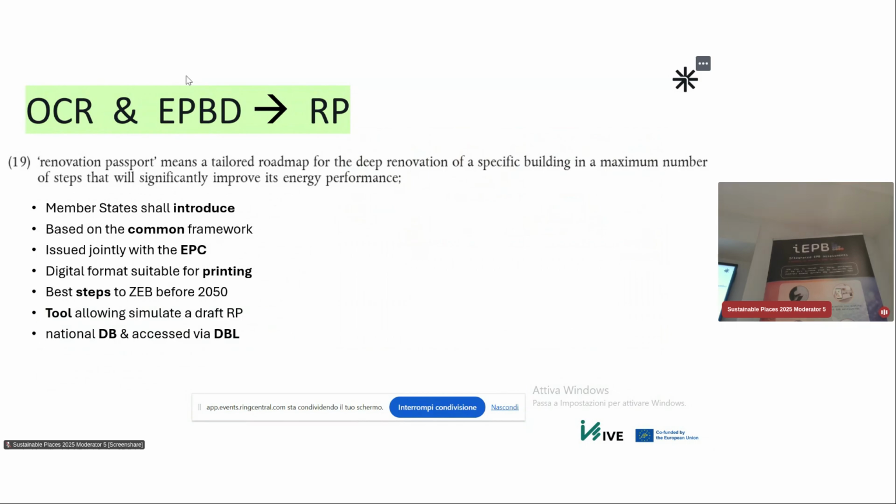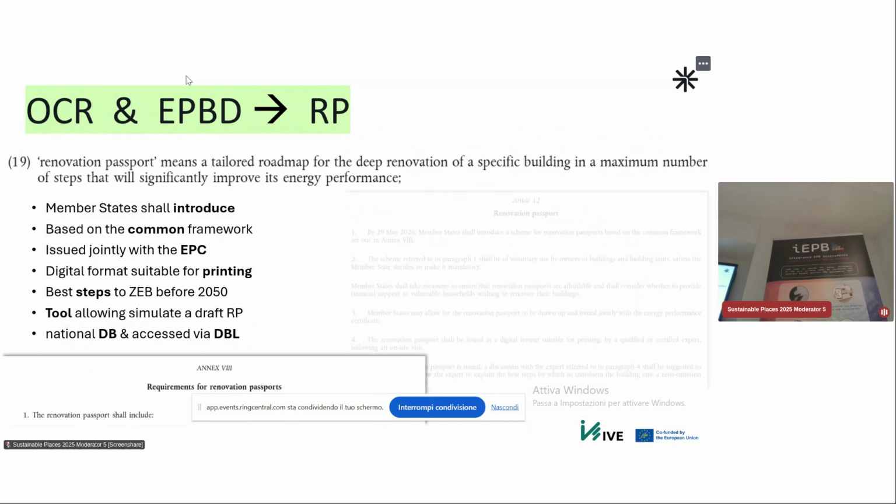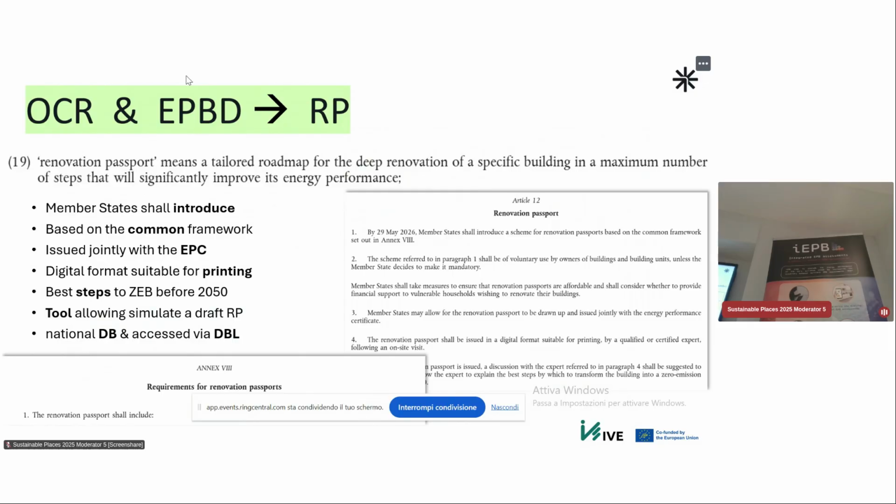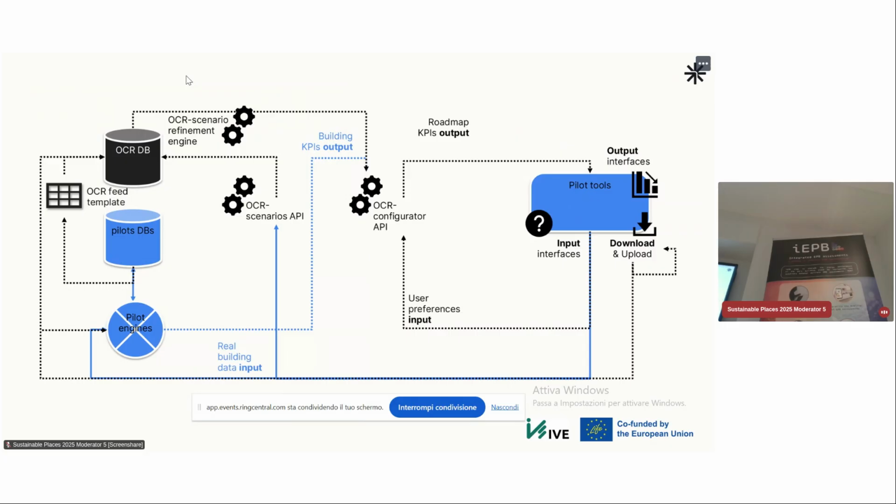Well, that's the idea. What I was saying is that we have tried to be really aligned with the definitions in the EPBD about all the renovation passport requirements. So what we have done is develop all these black components on top of the blue ones, which are existing tools for diagnosis, for building renovation, many existing calculation engines or databases.